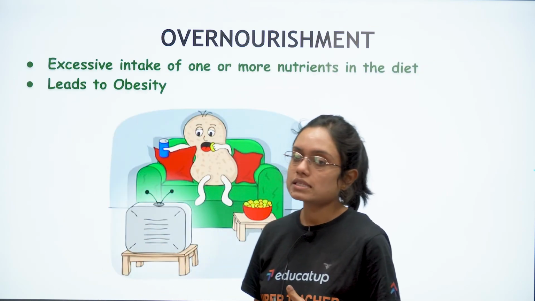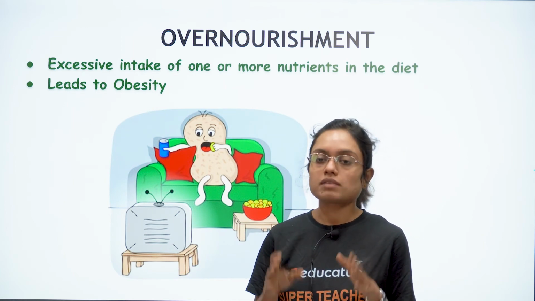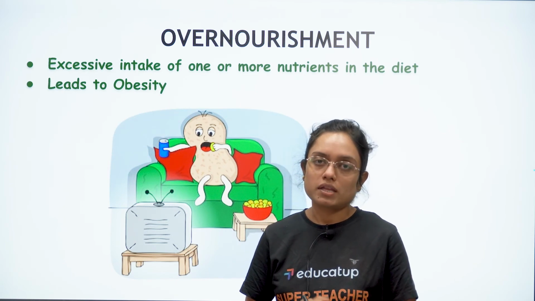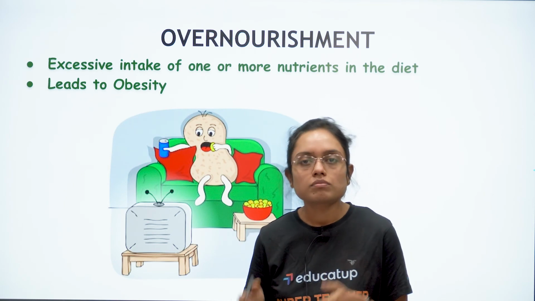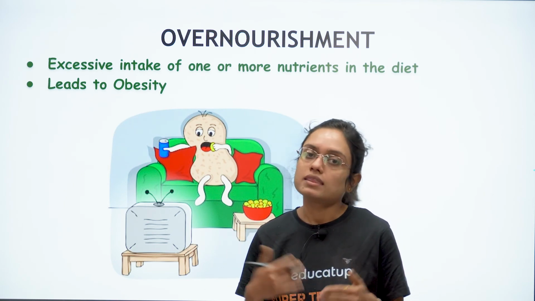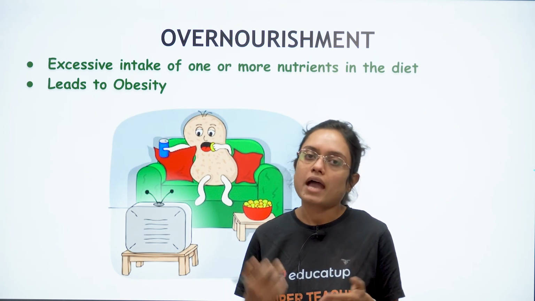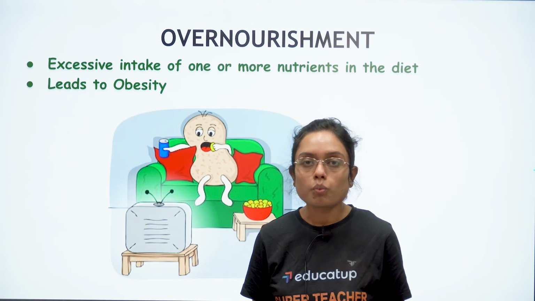And now the next thing is overnourishment. Excessive intake of nutrients. That means if only 45 percent of calories should be from carbohydrate, as we have discussed, and you are taking 100 percent of calories from carbohydrate, then that is excessive intake. You are not required to, but you are having it. So that should be avoided because it will lead to a lot of weight increment.